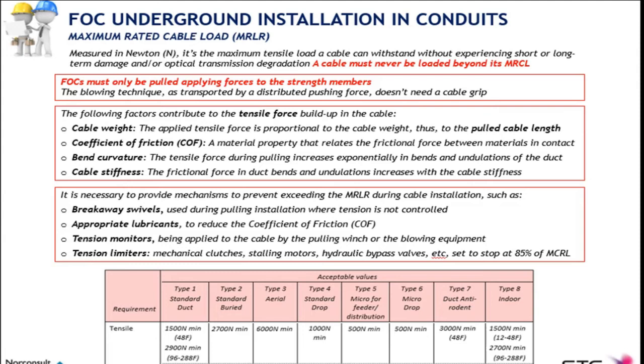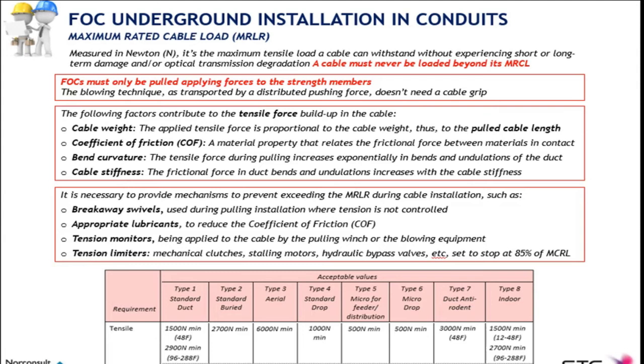So the maximum rated tensile load is specified by the manufacturer. Every single type of cable from every single different manufacturer has physical specifications to be met, and a cable must never be loaded beyond the maximum tensile load.